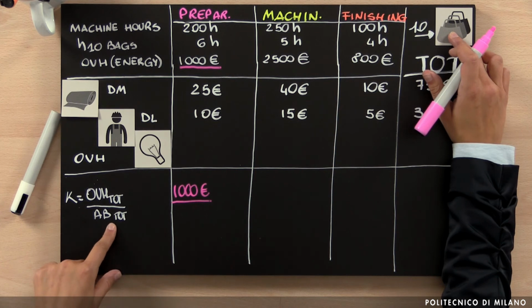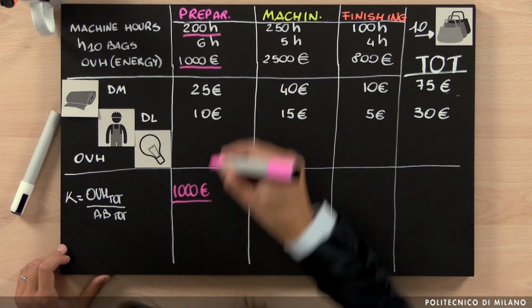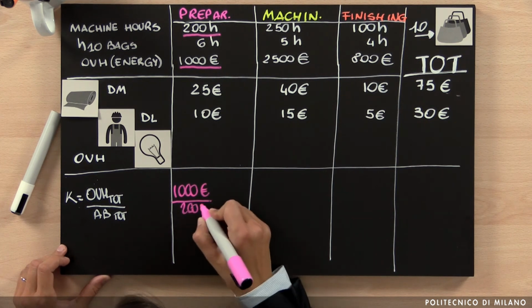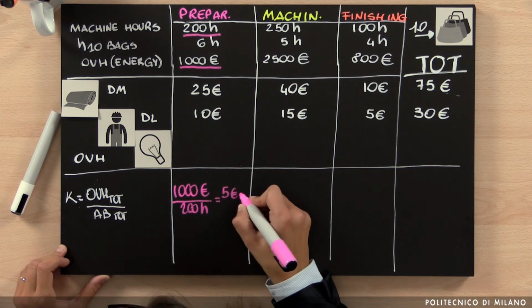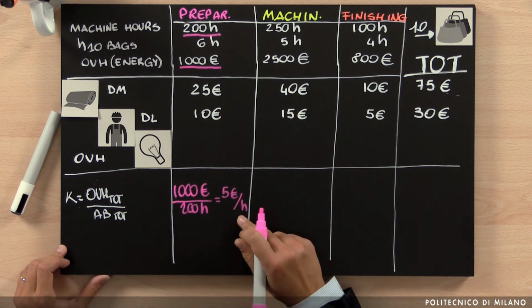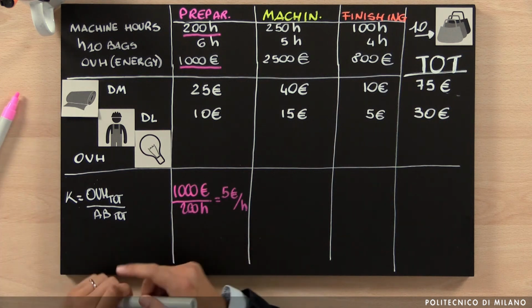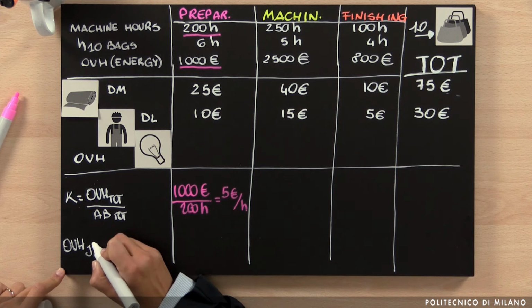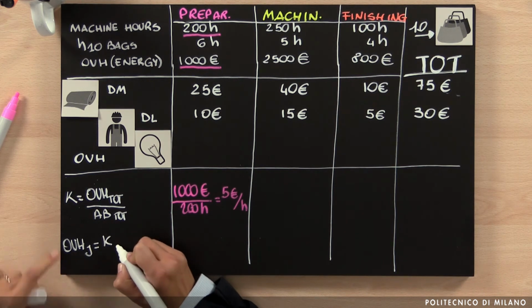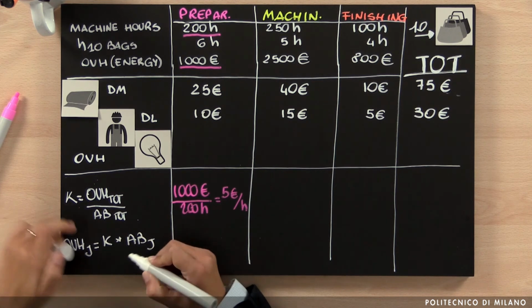Which are the total number of machine hours within the preparation department? 200. So we have 200 hours, so that we have 5 euros of energy that is absorbed by the machine every hour of work. Once we have this value, we need to calculate the overhead that is assigned to our job, and the formula says that we need to multiply K by the allocation basis of our job.